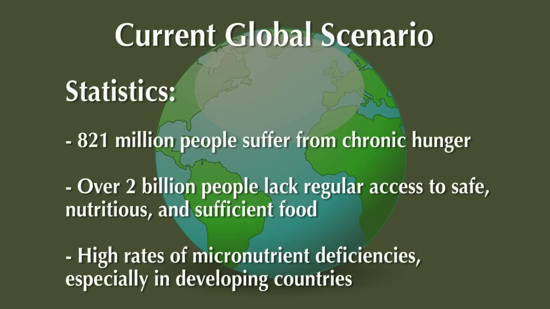Over 2 billion people lack regular access to safe, nutritious and sufficient food. There is a high prevalence of micro as well as macronutrient deficiencies all over the world, especially in developing countries. So if we go by statistics, that means food and nutritional security is an issue of concern for the global community.